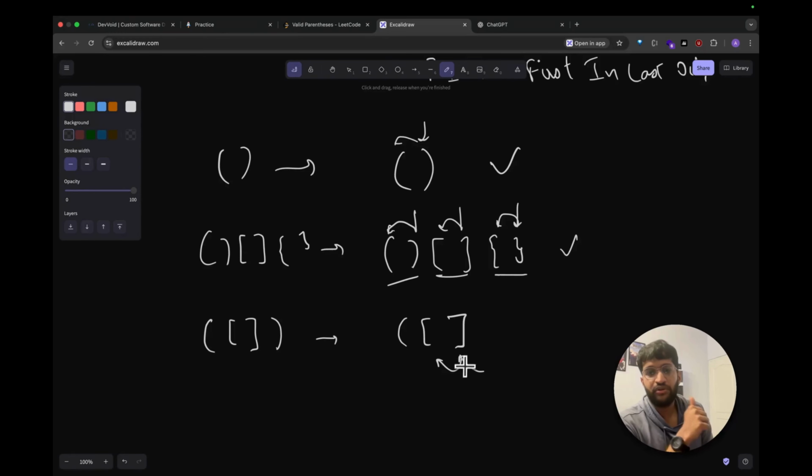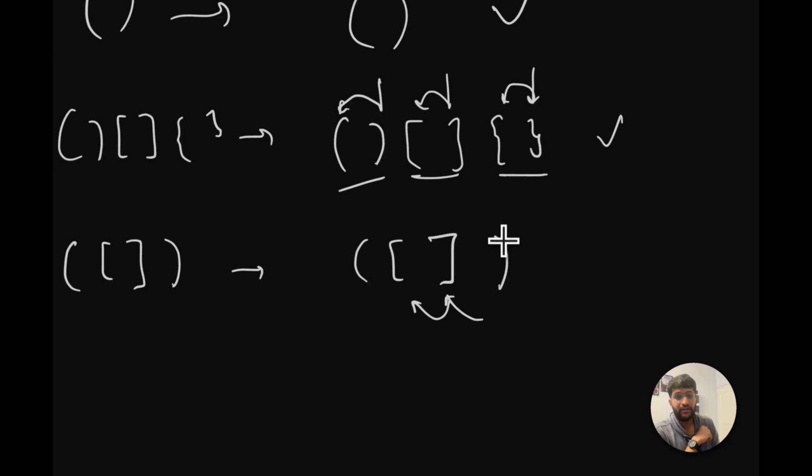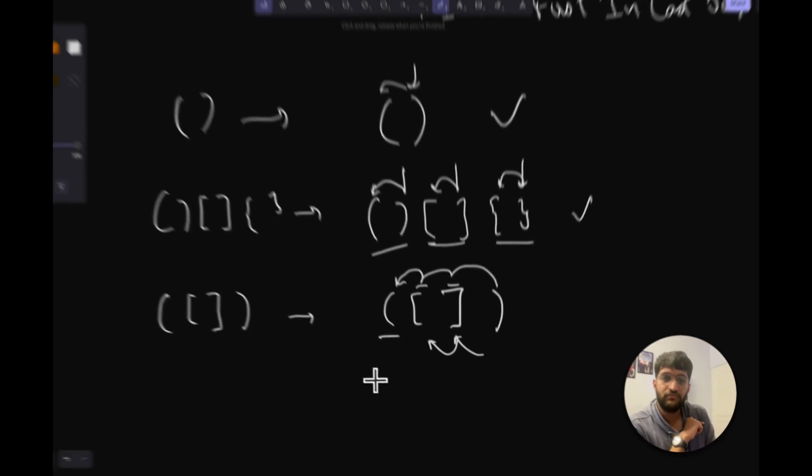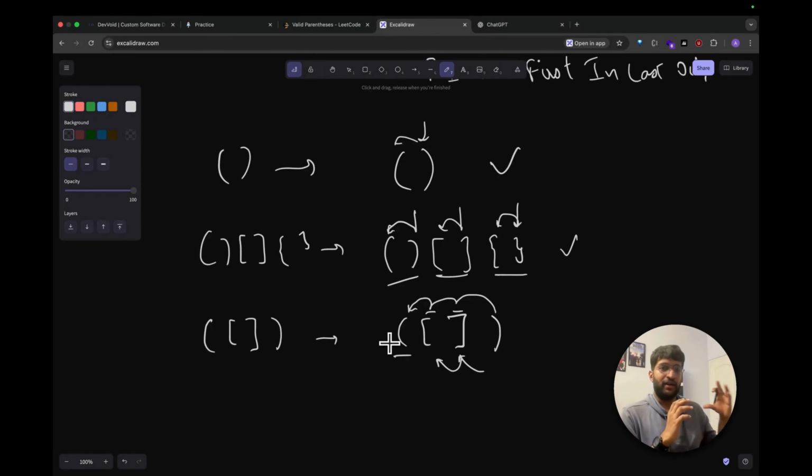So we'll see, okay, this is good to go. When you encounter this bracket, we need to skip the ones that we already checked, these two, and check the one that's most latest but not checked, right? So you get this. Every time we encounter a closing bracket, we check whether there's an opening bracket that is most latest and not checked.